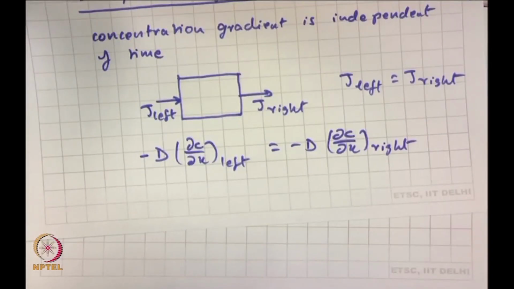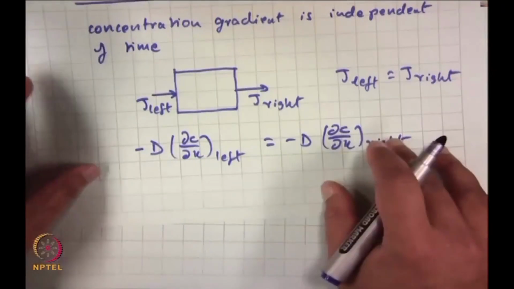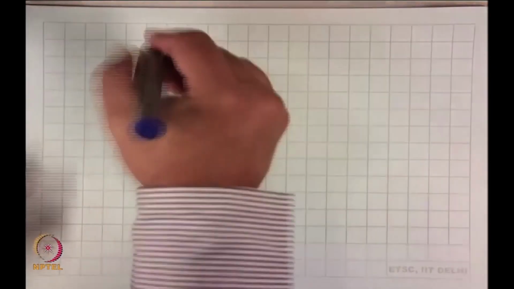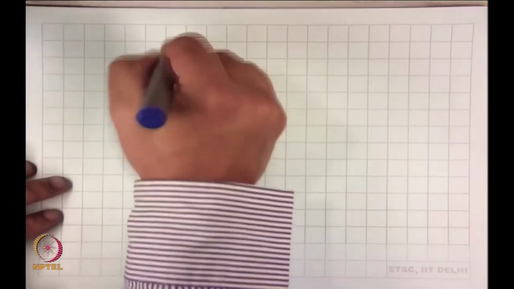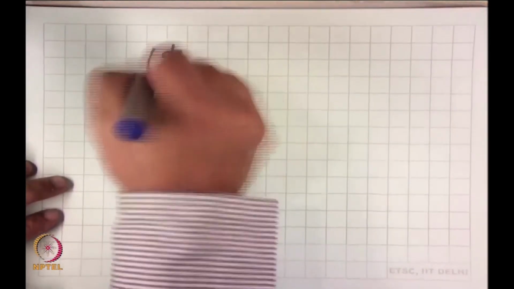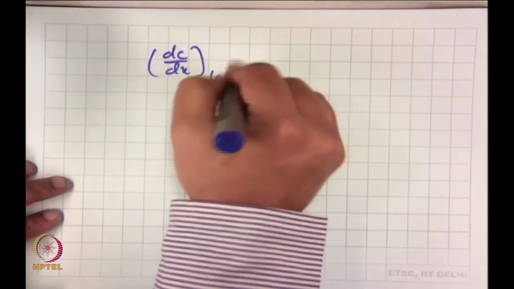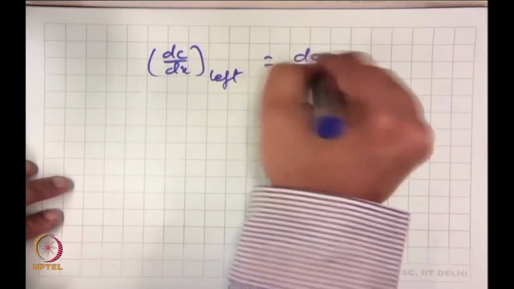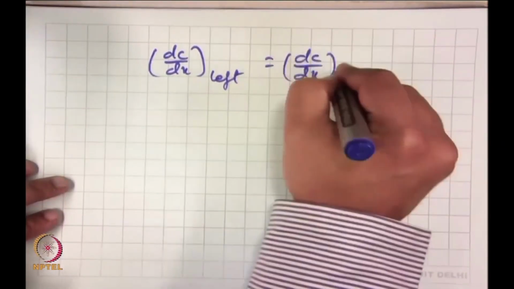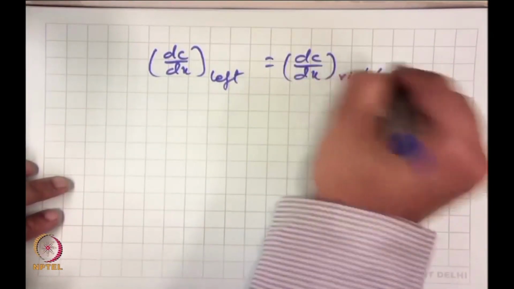D is constant. So, from here what you are going to get is dC over dx on the left equals dC over dx on the right.